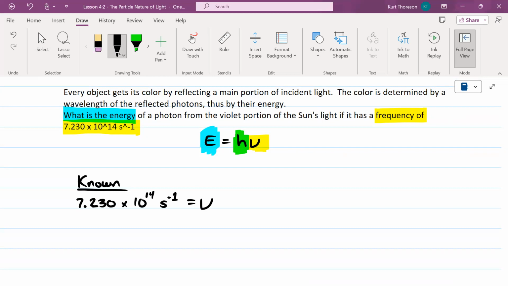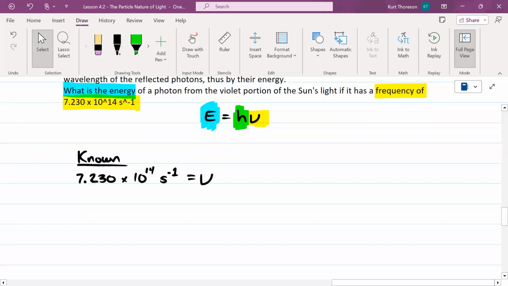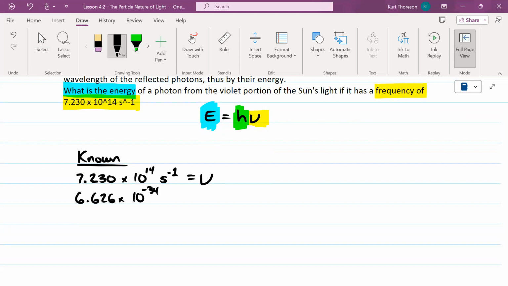The other value that you are given is Planck's constant. It's not in the word problem because it's a constant. 6.626 times 10 to the negative 34th joules per second. That's h. Your unknown is energy.